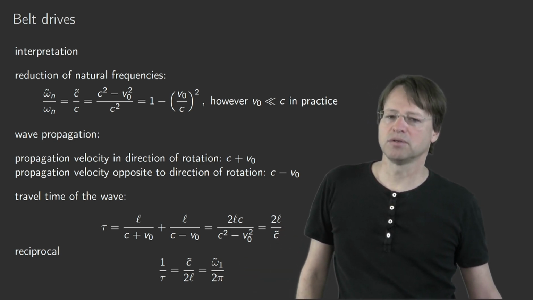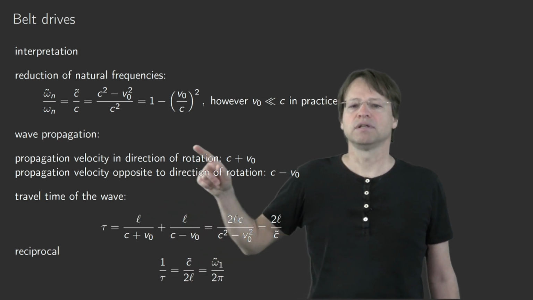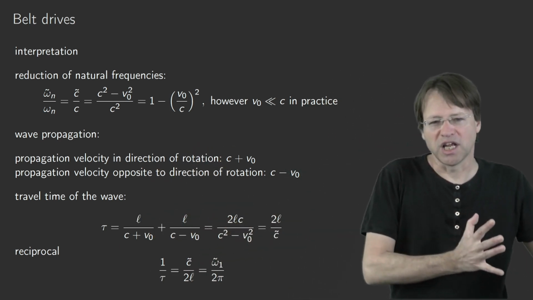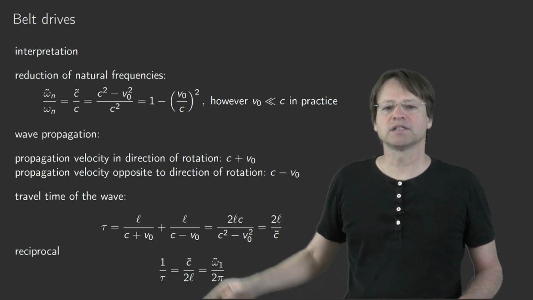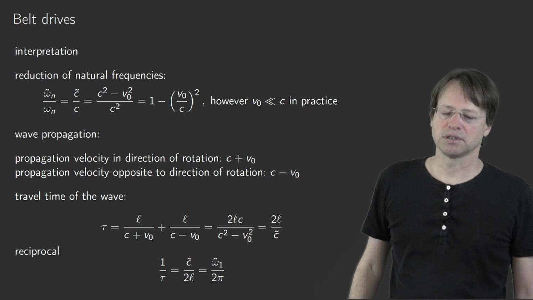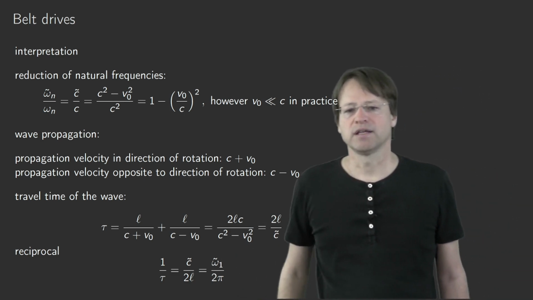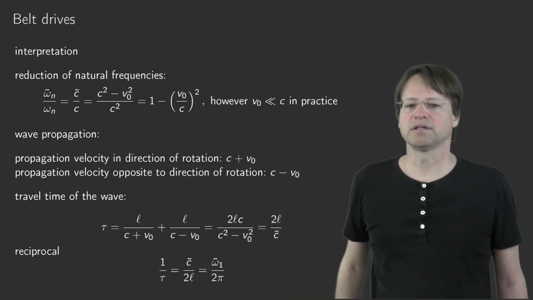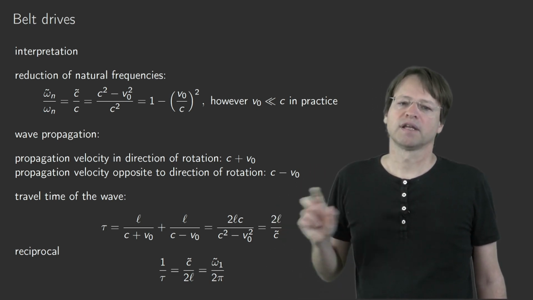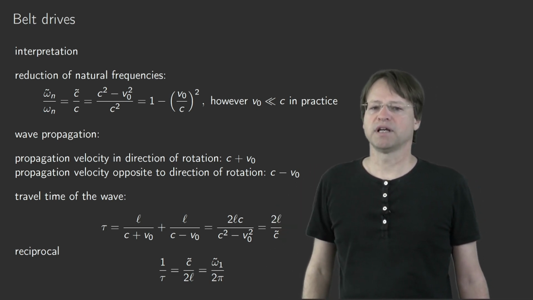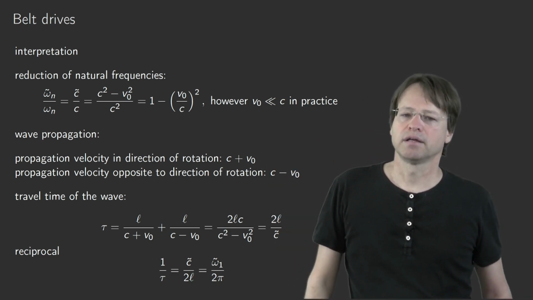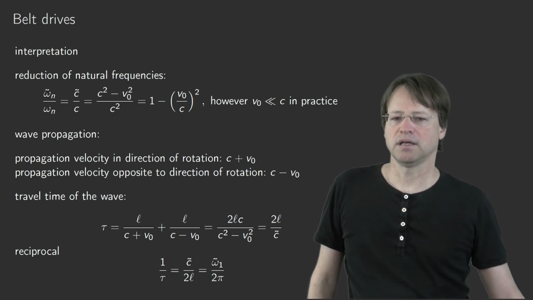With this, you have the link between the wave propagation interpretation on the one hand side, and the interpretation in natural frequencies. The traveling time is the period of the first fundamental mode or natural frequency, given by the wave propagation velocity, taking of course the velocity of the belt into account.